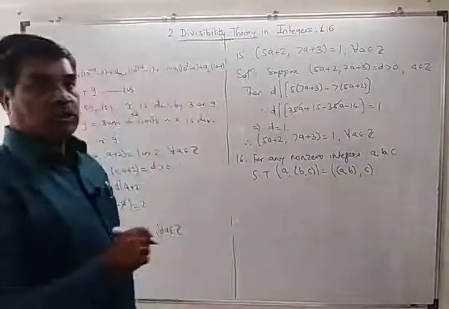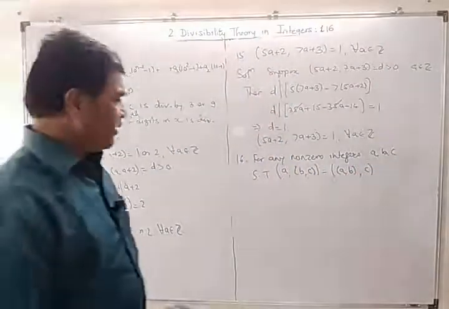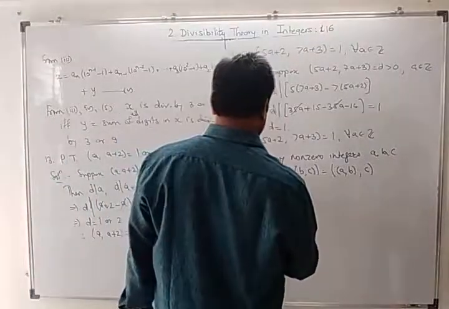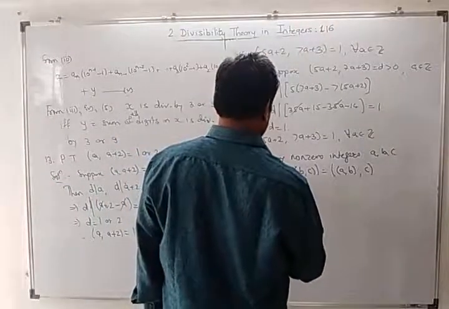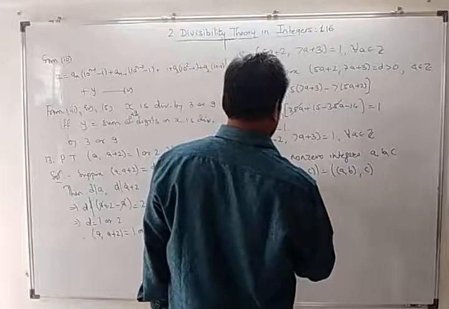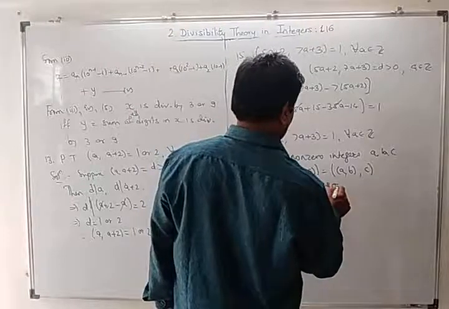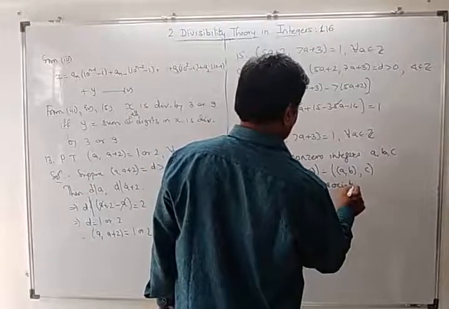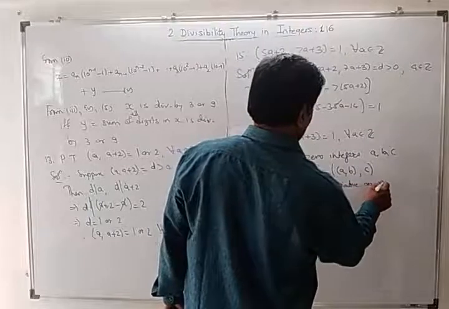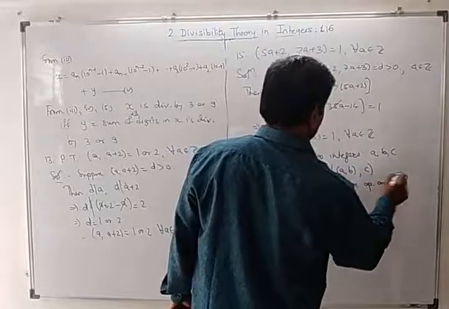That means GCD is an associative operation on the set of non-zero integers.